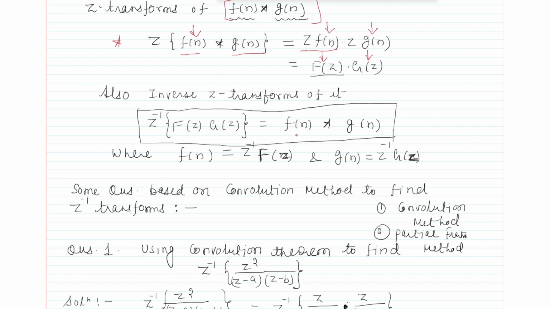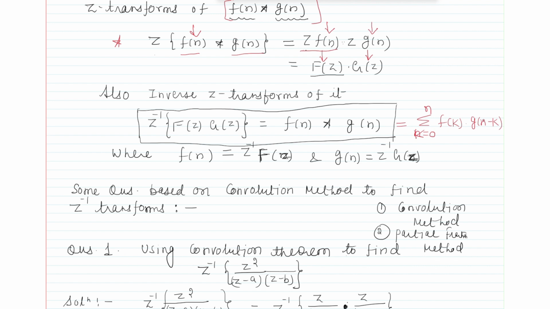And we know what f(n) star g(n) is. We have just seen it on the previous page. We will write the summation k equals 0 to n, and we just replace f(n) by f(k) and g by g(n minus k). So we have to write this value equivalent to this value.